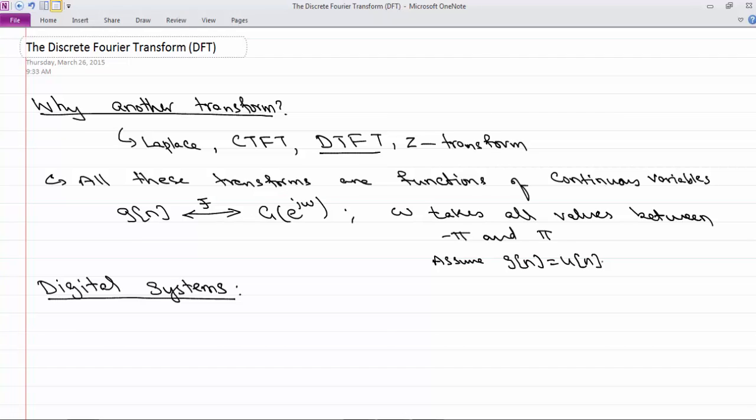But in reality, if we are storing things inside digital systems, our signals are always finite length. We don't have an infinite length sequence. Every computer has a finite amount of memory or finite amount of storage capacity. So all signals in digital systems are finite length.